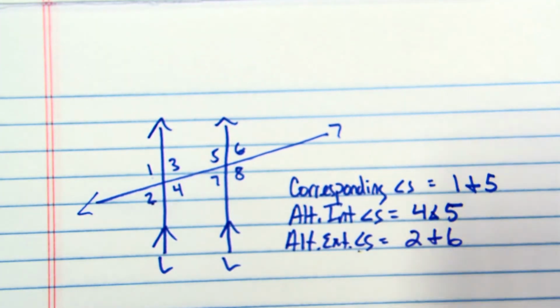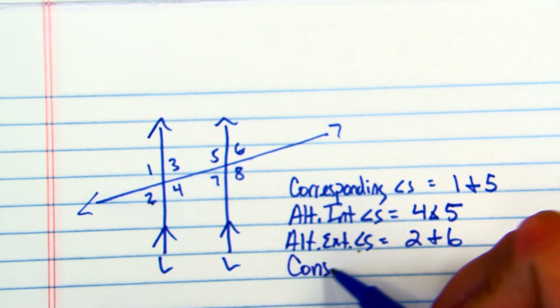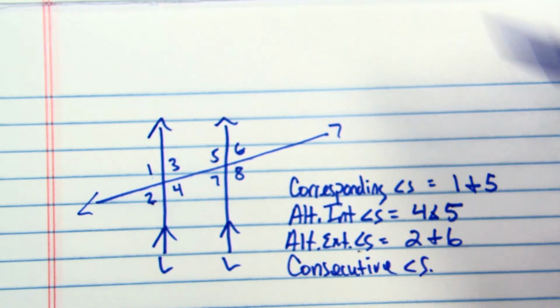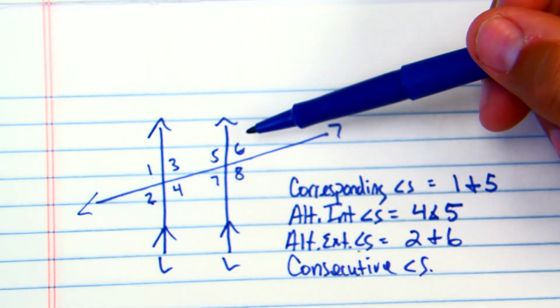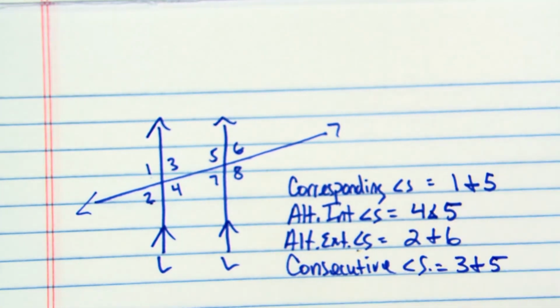And then lastly, consecutive angles are angles that are on the same side and on the inside. So 3 and 5. Those are just some examples of knowing how to label them.